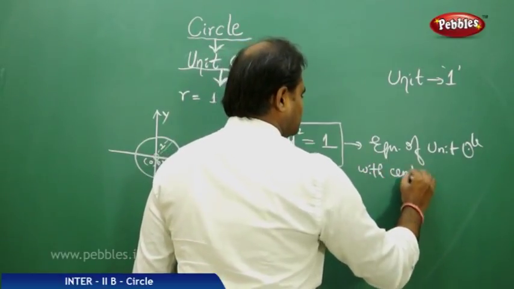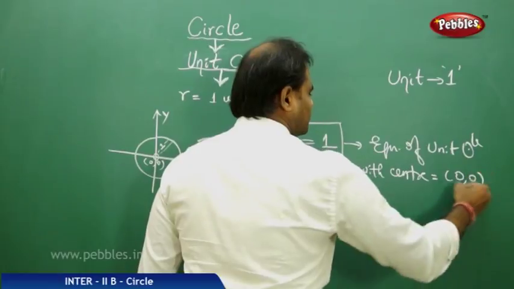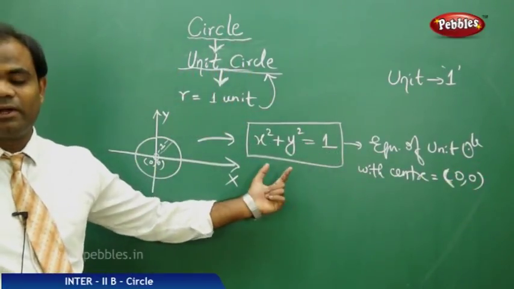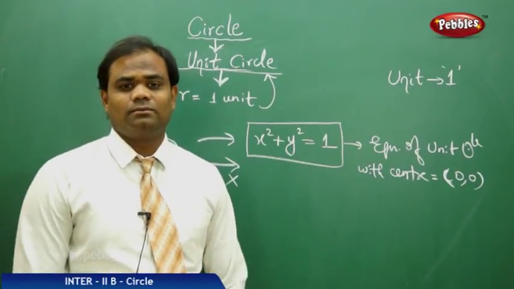With center origin is how we understand the unit circle x squared plus y squared equal to 1.